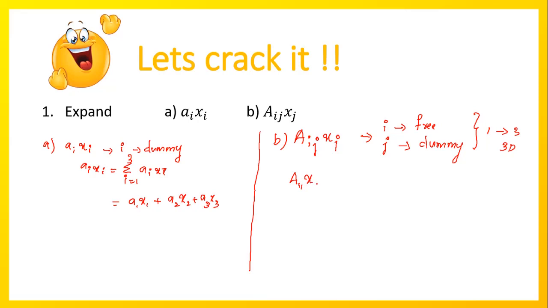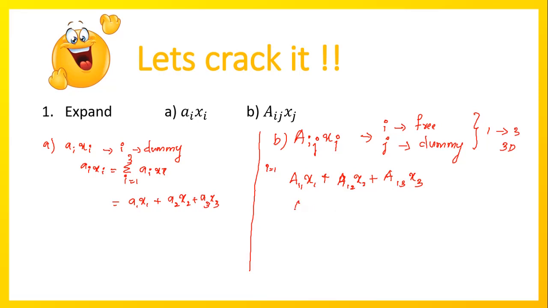So, we can write, choosing I as 1, A11 x1 plus A12 x2 plus A13 x3.